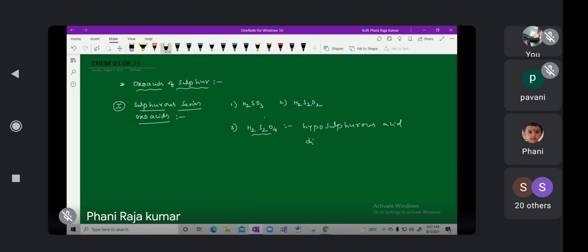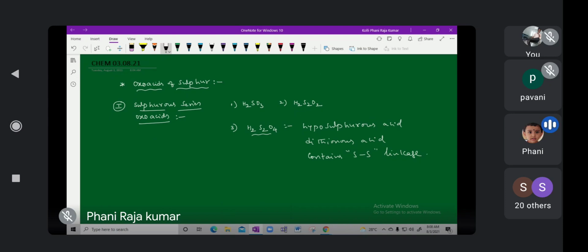Also called dithionous acid. Hyposulfurous acid, dithionous acid. This compound contains sulfur-sulfur linkage. I told all these oxoacids of sulfur are dibasic acids.